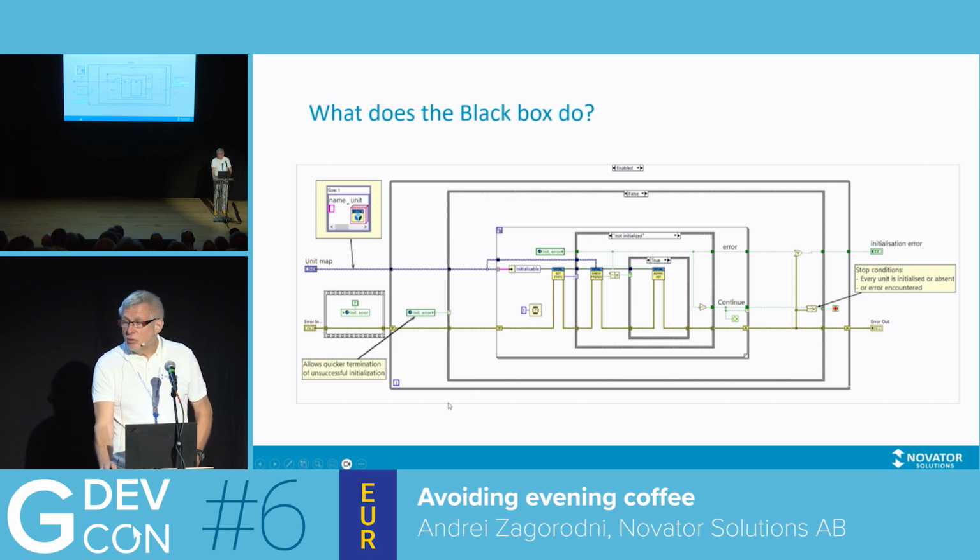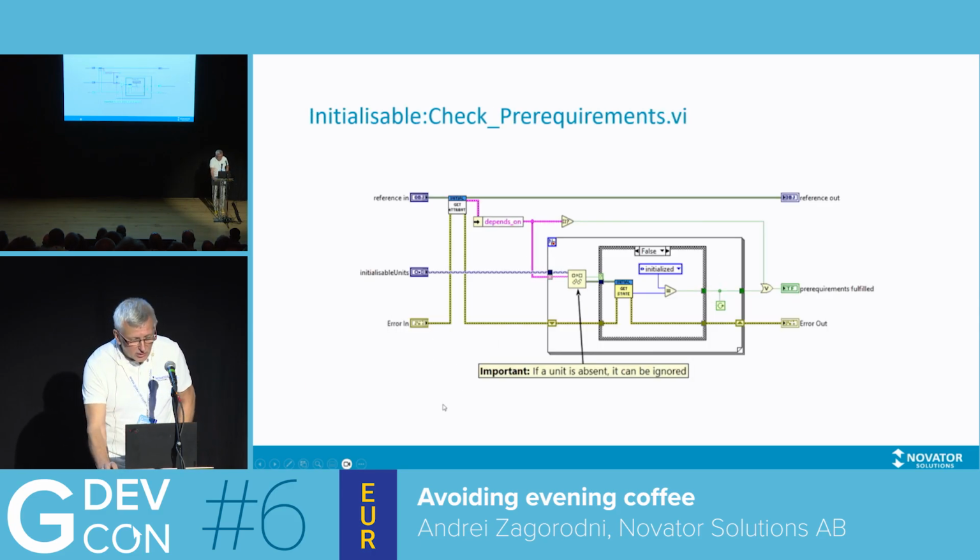One very useful thing here is a case structure with some kind of global flag indicating, where we put this flag on, if initialization of any unit is not successful. Why? Again, to save time.